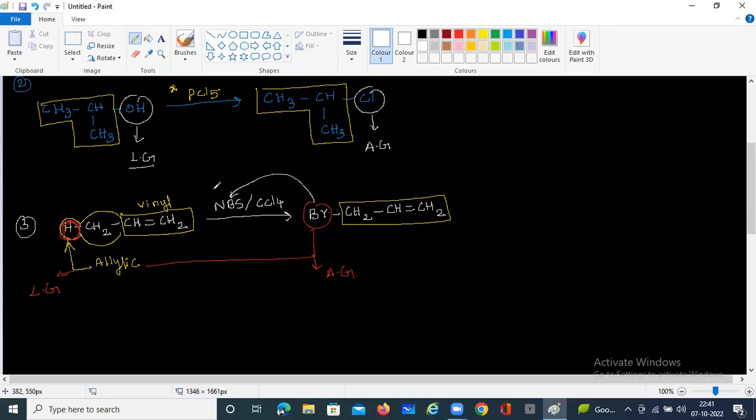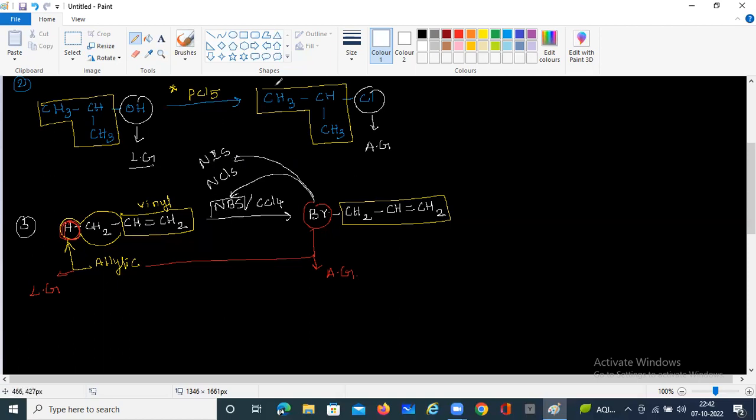Otherwise, suppose chlorine is taken, beta, then how can we write? NCS, N-chlorosuccinamide, and suppose iodine is taken, then simply we can write NIS. Okay, simply we can write as what? N-iodosuccinamide. So what is the structure of that NBS?